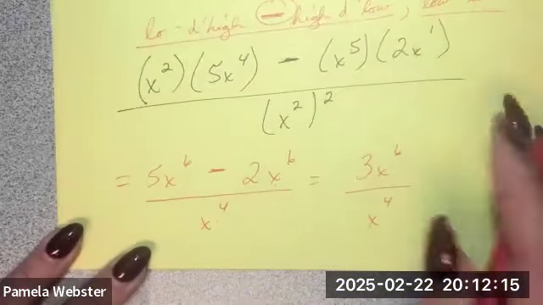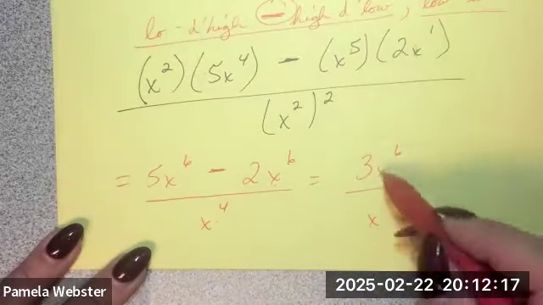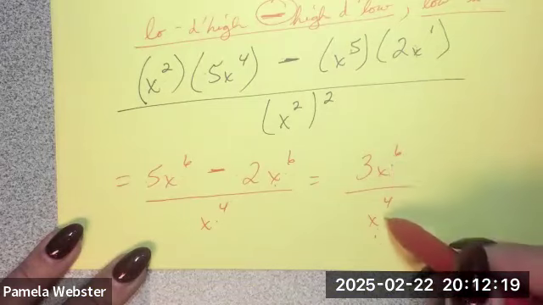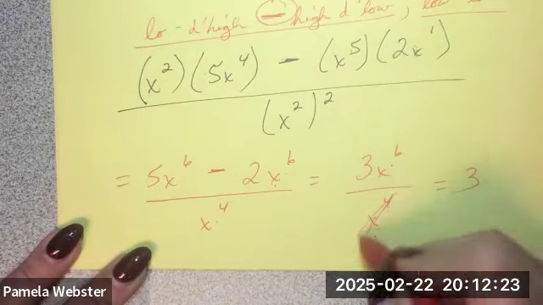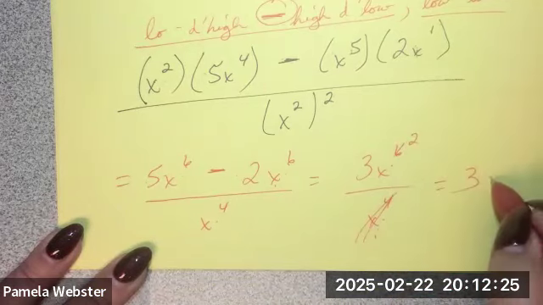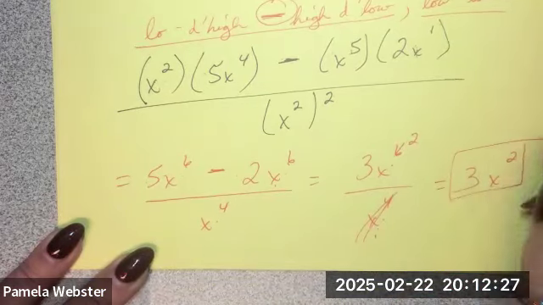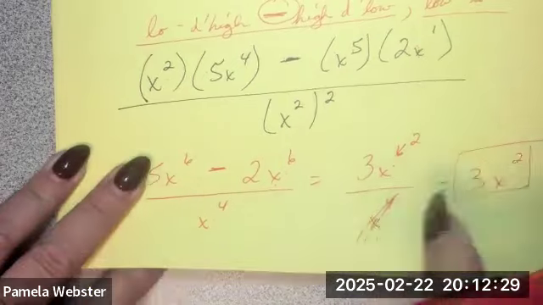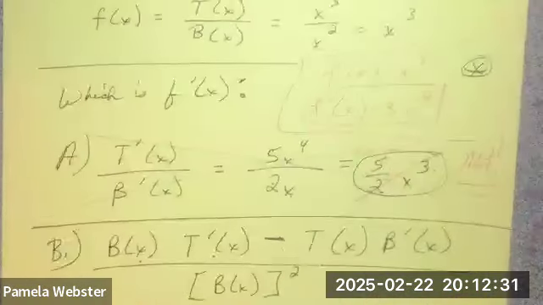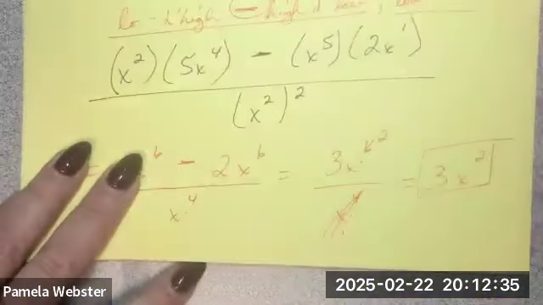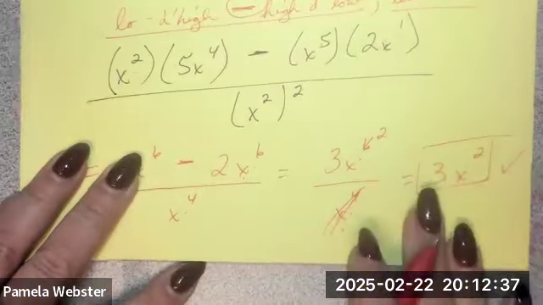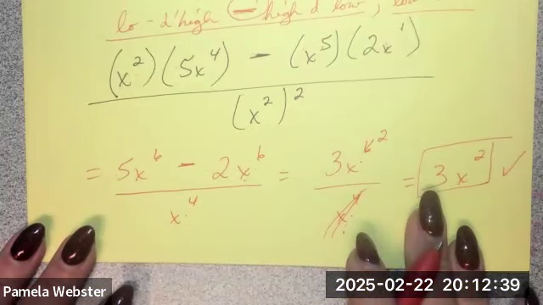Okay. And now we need to use another exponent rule, which is division here. x to the sixth divided by x to the fourth. We subtract those exponents, and that becomes an x squared. 3x squared. And sure enough, the interaction between all those powers, 3x squared, is what we knew it should have been from our shortcut rules the last time.